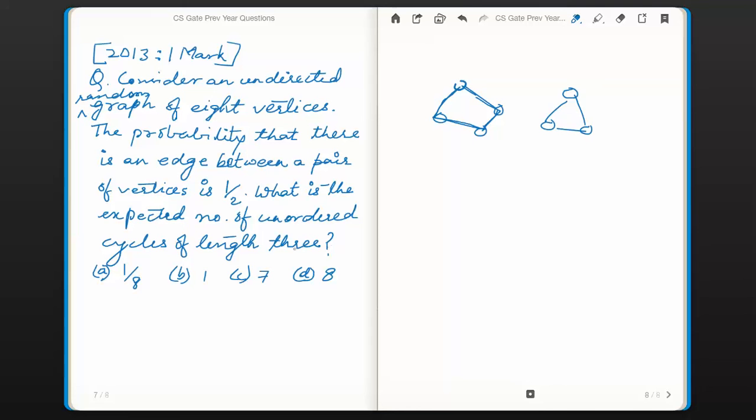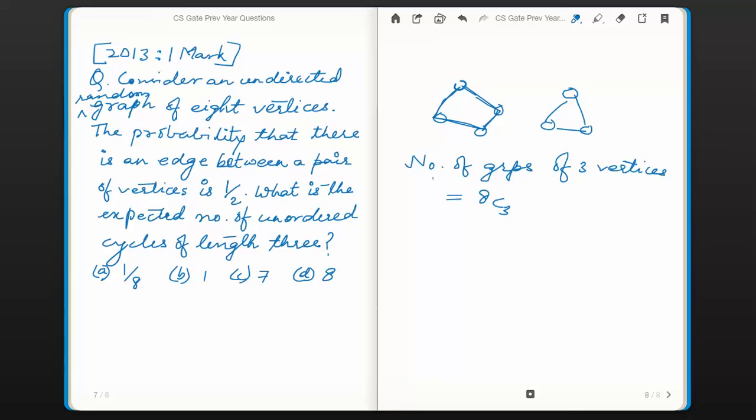Now to solve this problem, to calculate this number, first we would find the number of groups of 3 vertices out of 8 vertices. So this is nothing but 8C3, the number of ways we can choose 3 vertices out of 8 vertices.